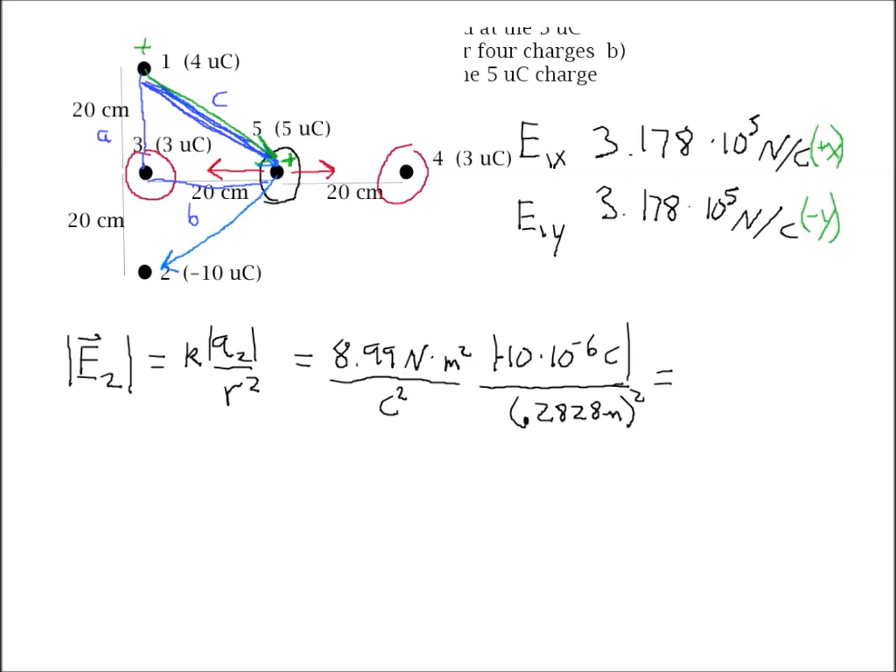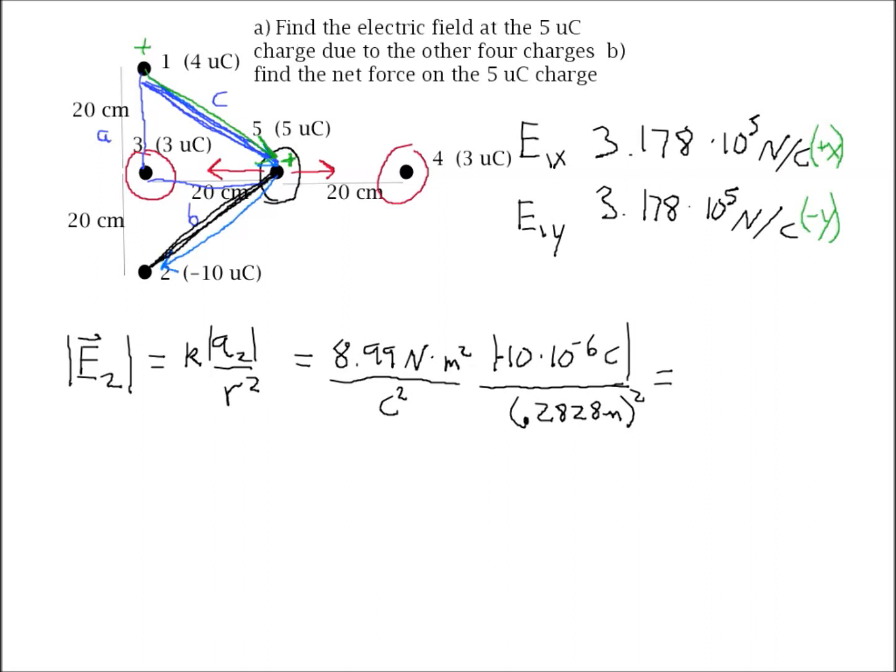This time the distance is the distance between charge 2 and charge 5, but all the distances involved are exactly the same as the distances involved between charge 1 and charge 5. So we can use the same R that we found before, which was 0.2828 meters.